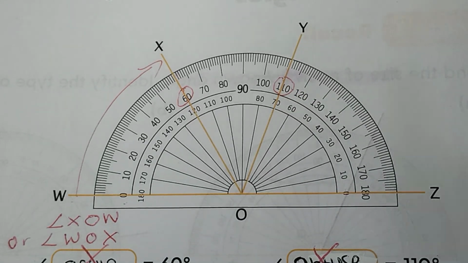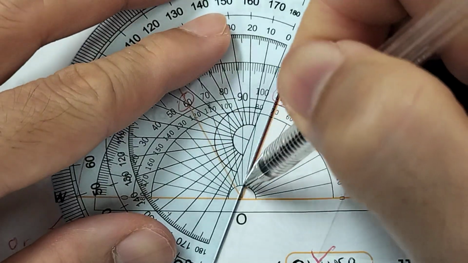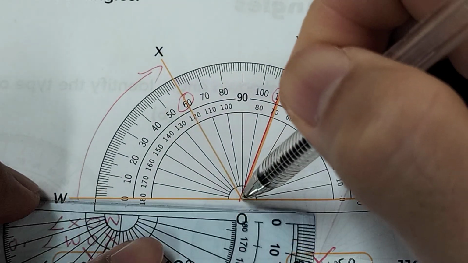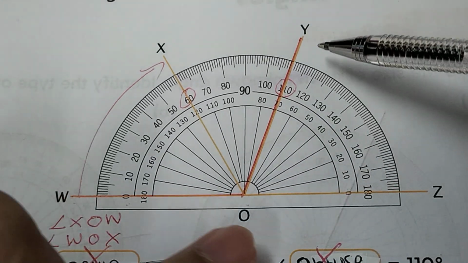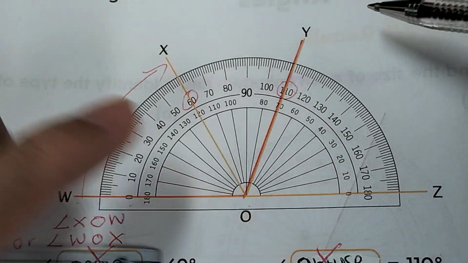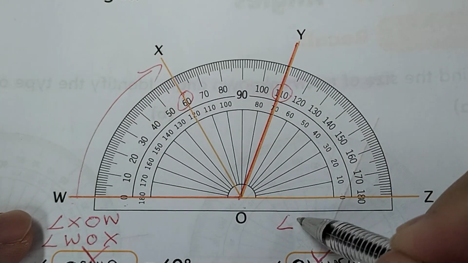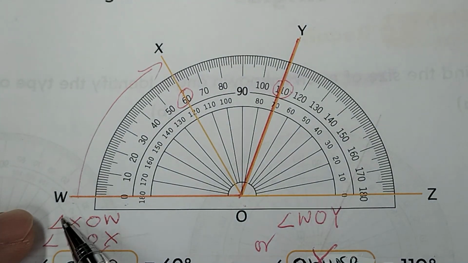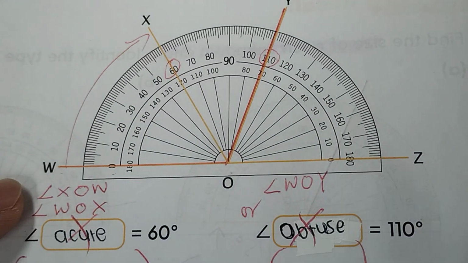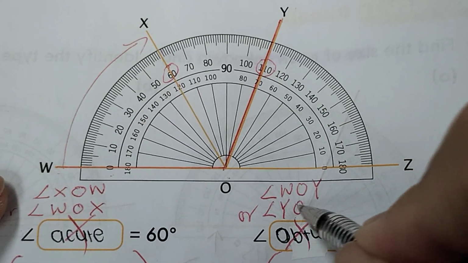So this angle to get 110 is formed by these two lines, the line WO and the line YO. Therefore, this angle can be called angle WOY, all in capital letters, or angle YOW.